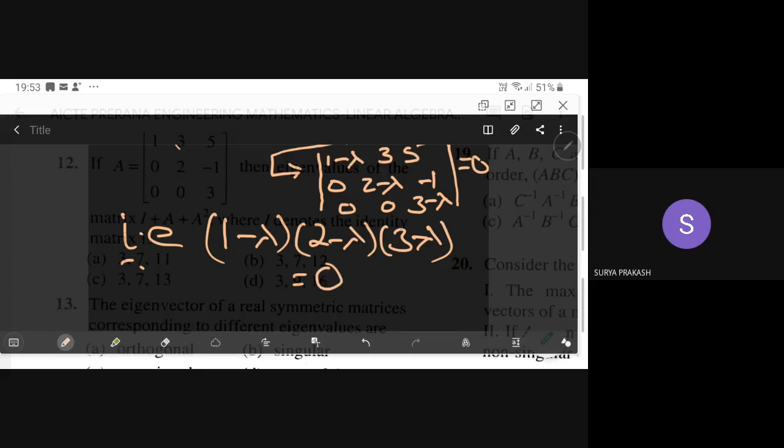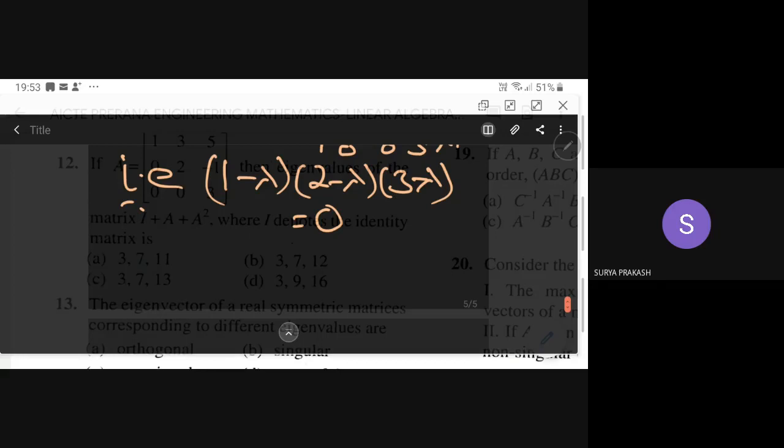Can someone simplify this? Okay, I'll simplify it. You can do it easier.